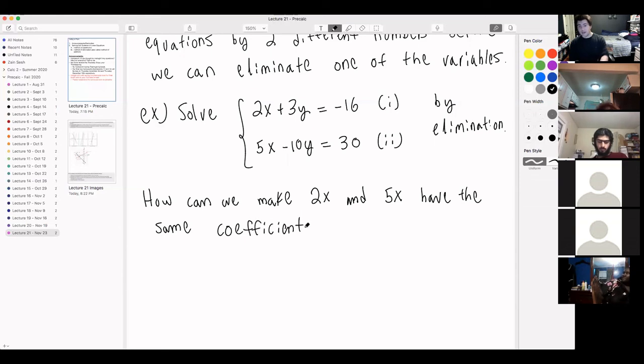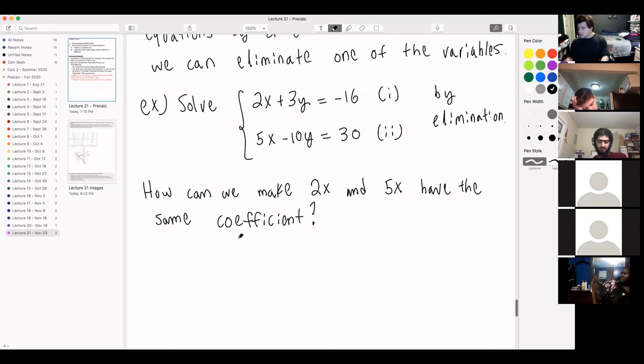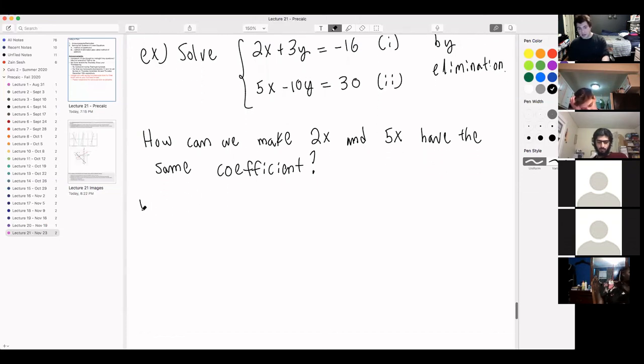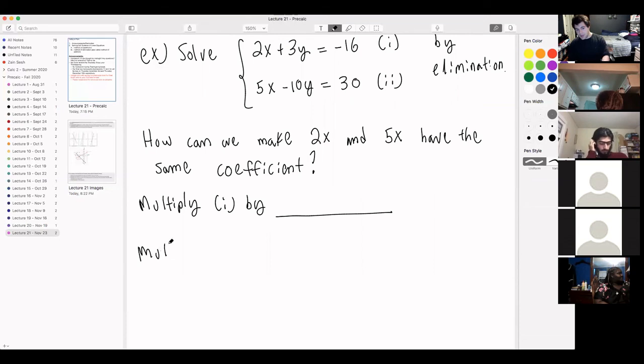Okay, and we want them to have the same coefficient because I want it so when we subtract them, it gets canceled out completely. So let's think about this. I'm going to just set it up, but I'm not going to give you the answer. So you multiply 1 by blank and multiply 2 by blank. Let's see if you guys can come up with it.